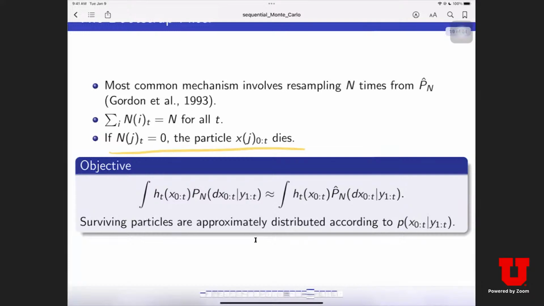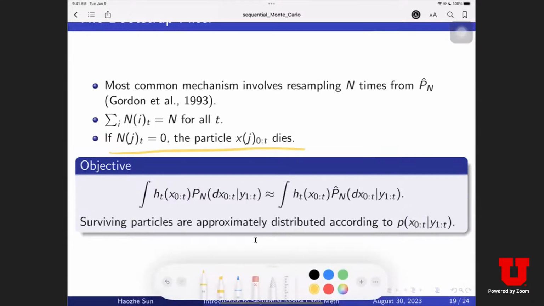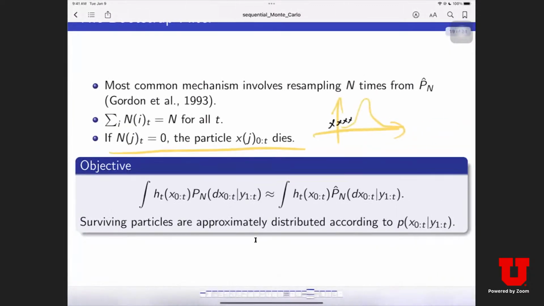That is because if the function is like this and we use too many, these approach 0, and when the t approaches the limits, the weight will become 0, and we cannot use the computer to calculate them because it's very hard.